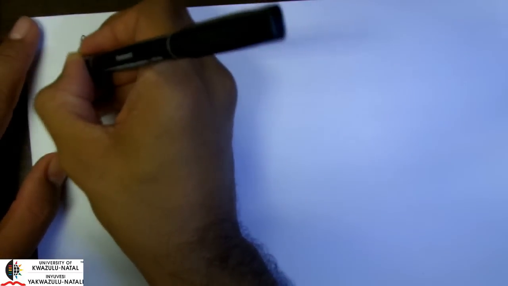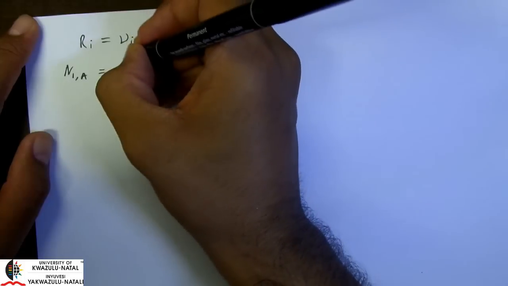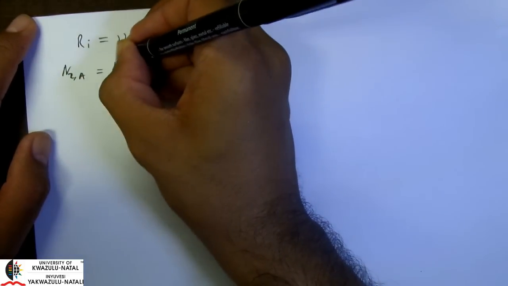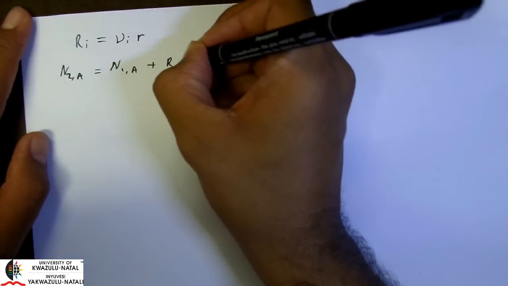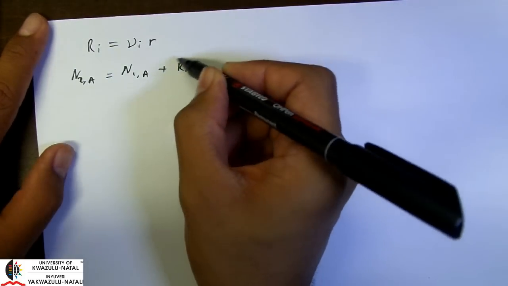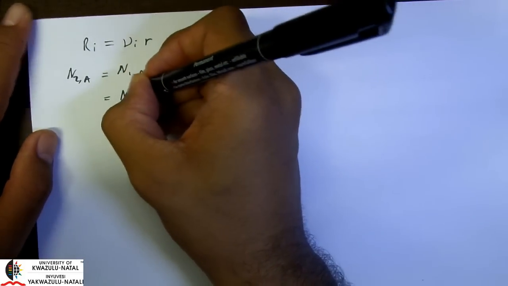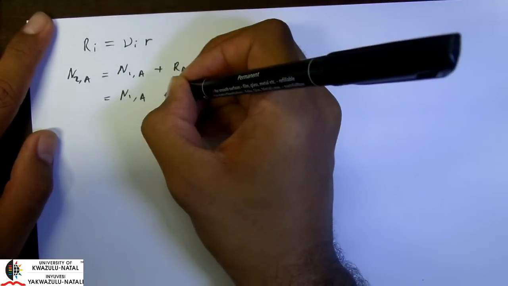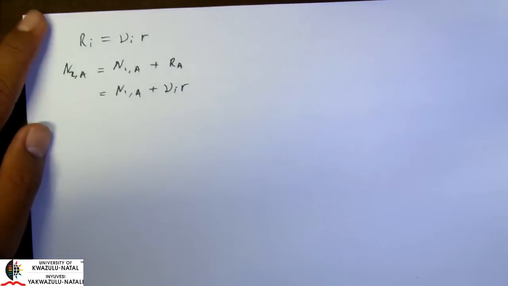So for every case, remember we wrote, for example, N2A being equal to N1A plus RA. Instead of expressing it in terms of an individual consumption rate, we can write our balances in terms of our overall rate.